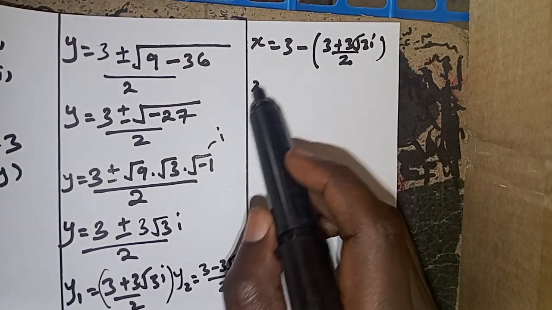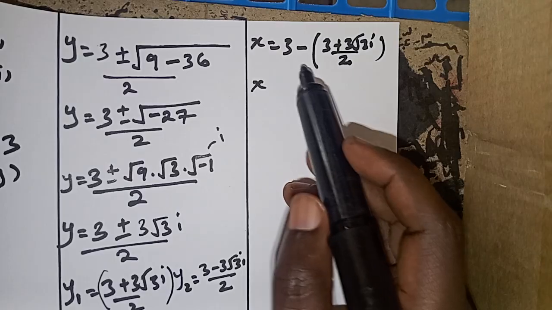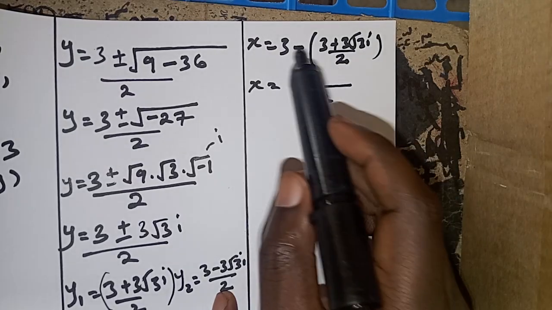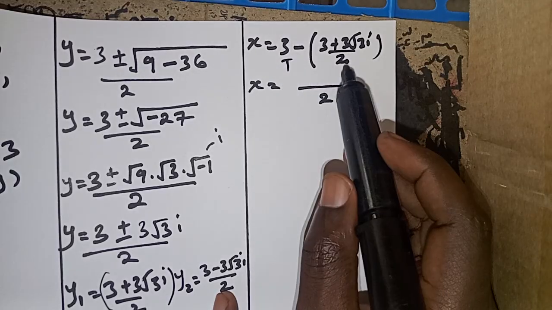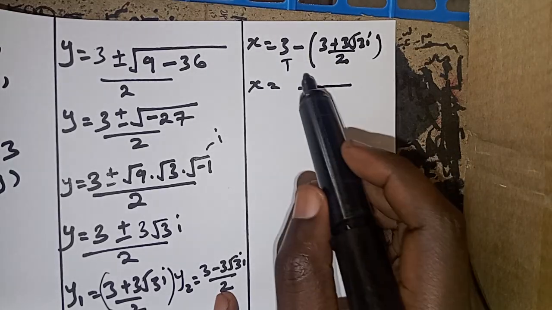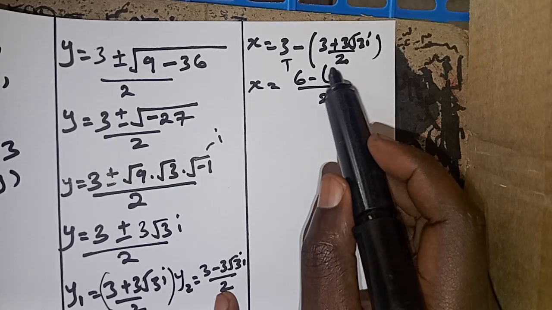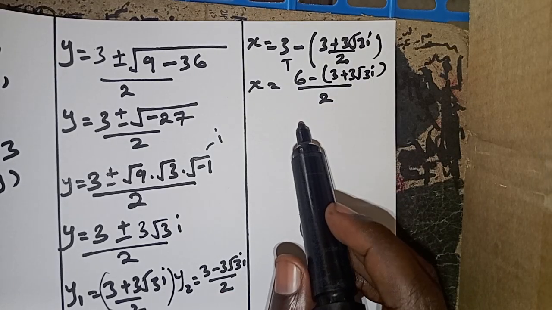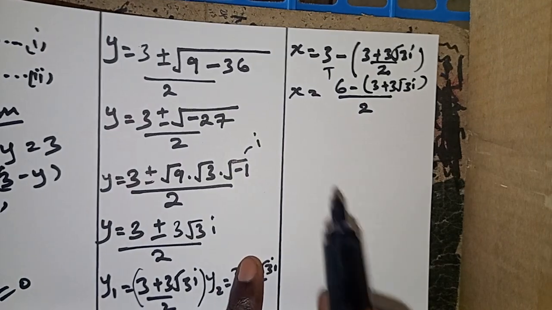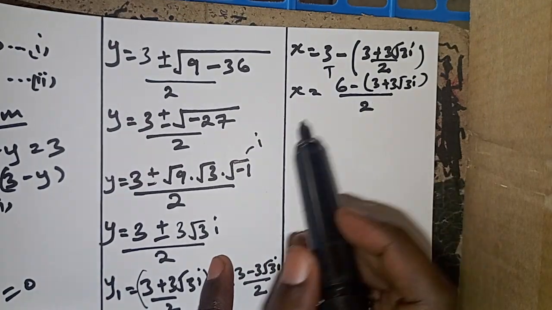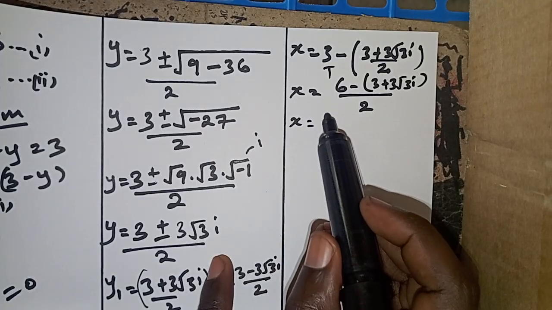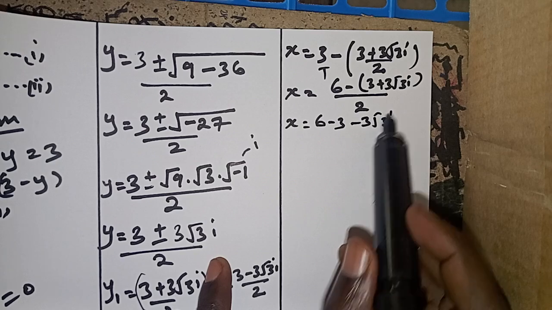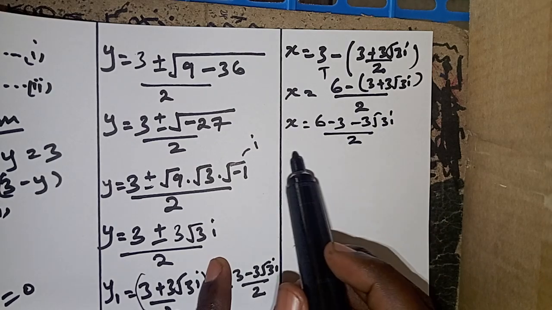Simplifying this as a single fraction, I'm going to have 2 times 3, that is 6, minus (3 plus 3 root 3 i), over 2. Opening the bracket, x becomes 6 minus 3 minus 3 root 3 i, everything divided by 2.